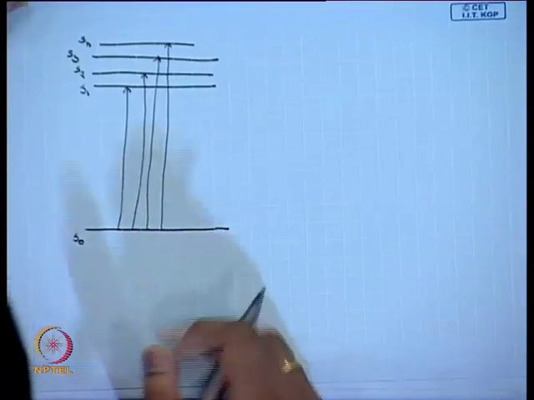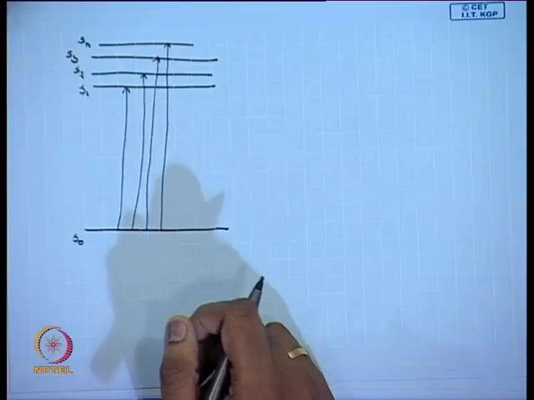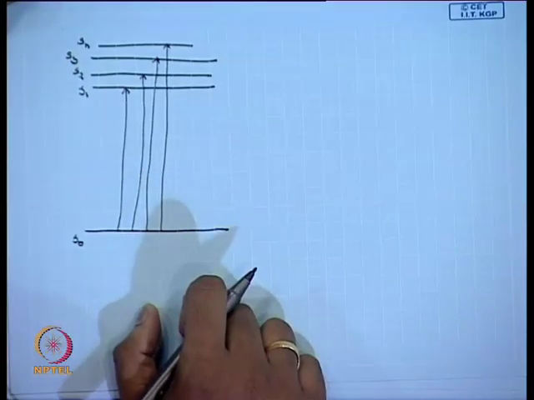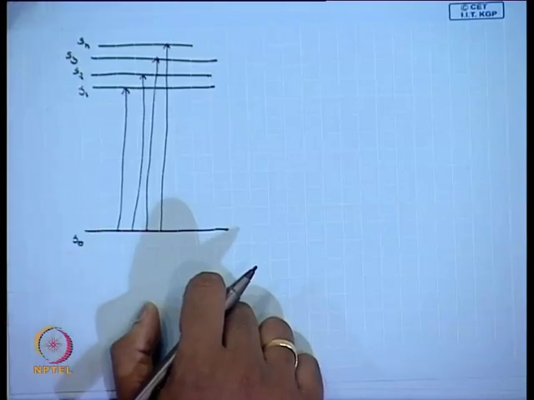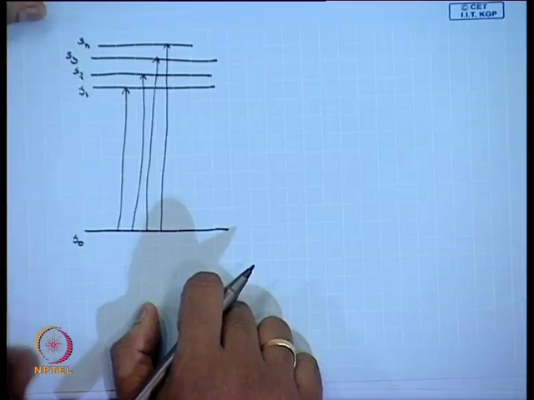So, it happens only from S1. Any idea why? What is that famous rule? What we can say is that vibrational relaxation is so fast that all these states collide immediately and collapse into the S1 state. The vibrational relaxation is so fast, they just fall into the S1 state.